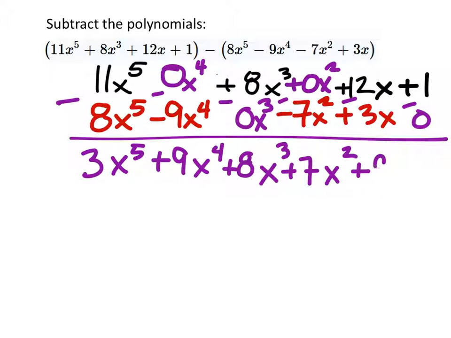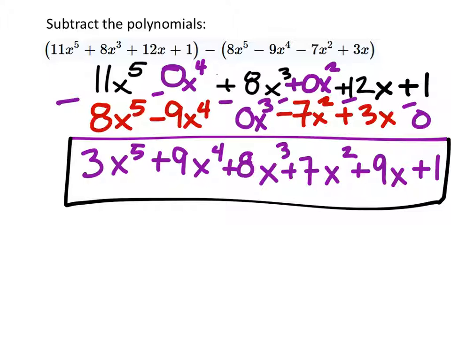That's a positive 9x. And then 1 minus 0 is positive 1. Yeah, that ends up being a pretty long polynomial. But again, the key here is paying attention to these blank spaces, particularly in the first polynomial, because with subtraction, in this case, we subtract negatives right there.